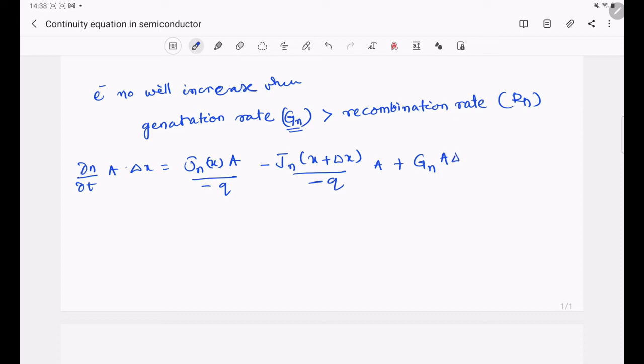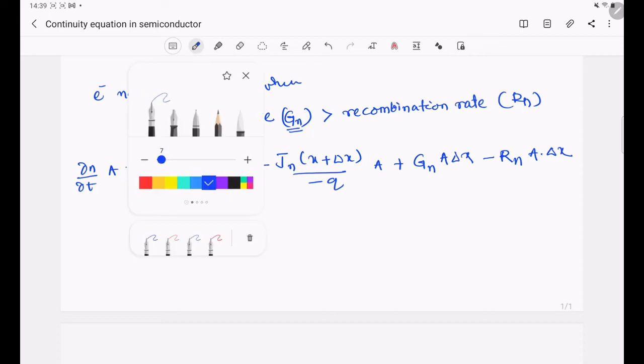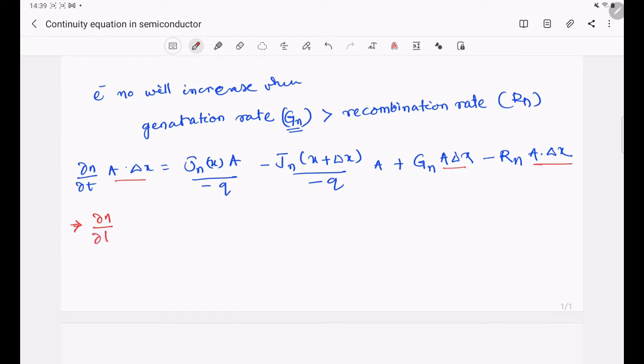So here we will multiply the volume as we are interested in the number, and accordingly the electrons that were lost due to recombination will be Rn into A into delta x. Now if you see this equation, this A into delta x we can remove, and the left side will be del n by delta t.